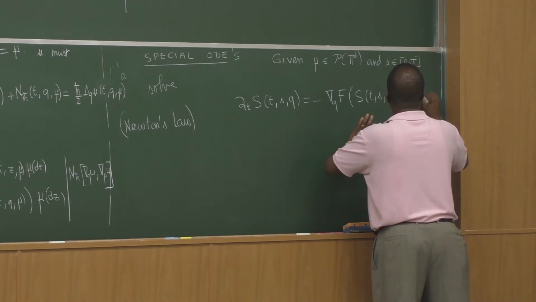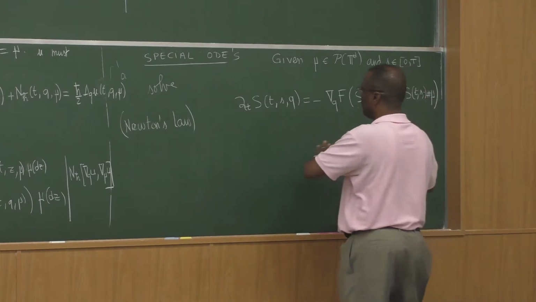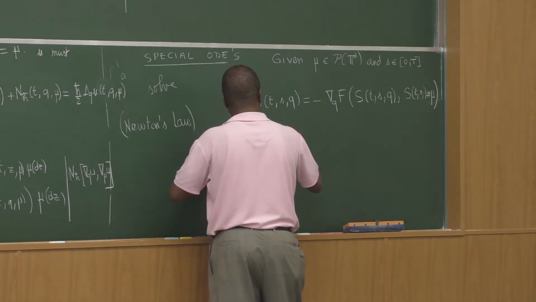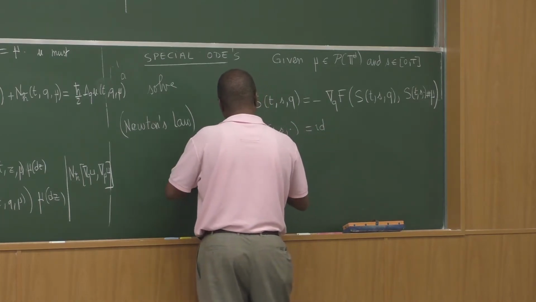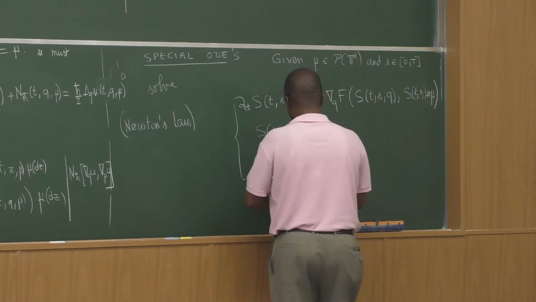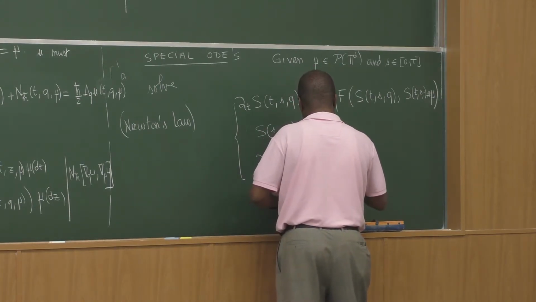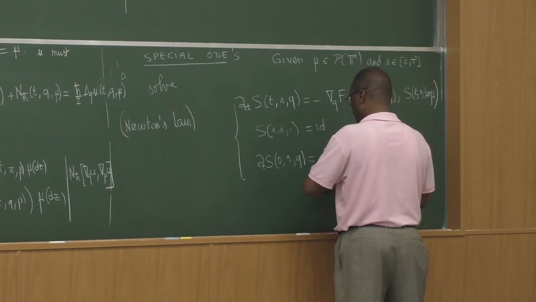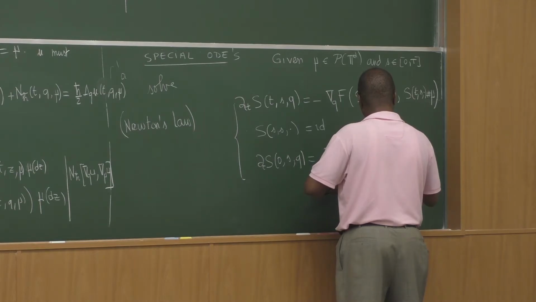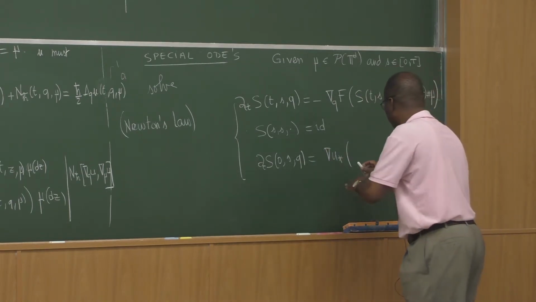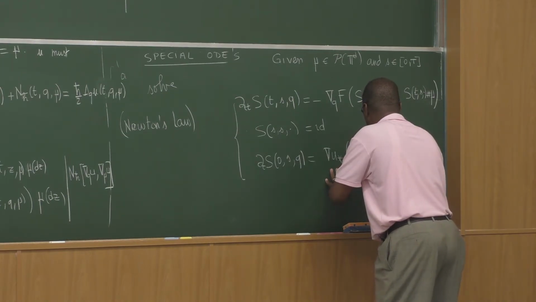S t, S push forward mu, S at s is the identity, and the derivative of S with respect to time at s, S q, is the gradient u star at S 0, S push forward mu, and here it is S 0, S q.